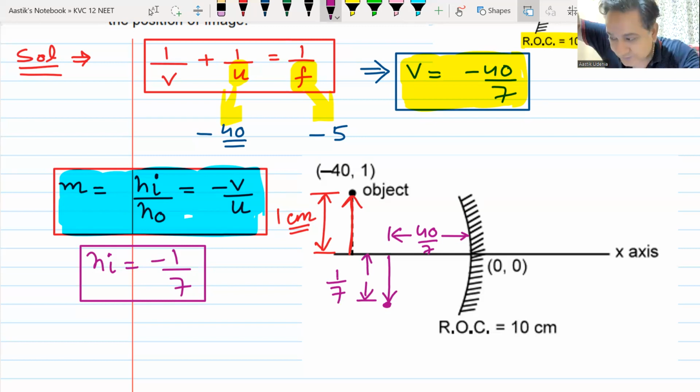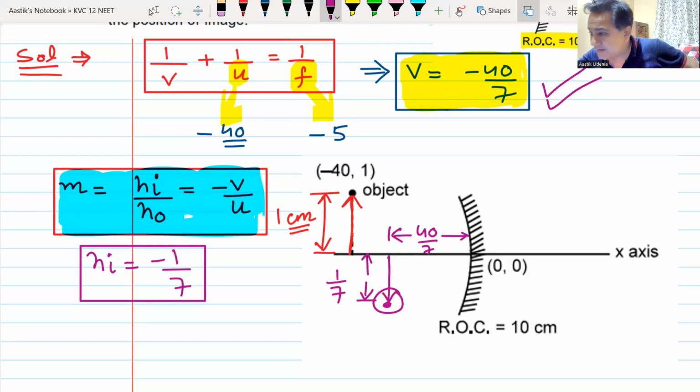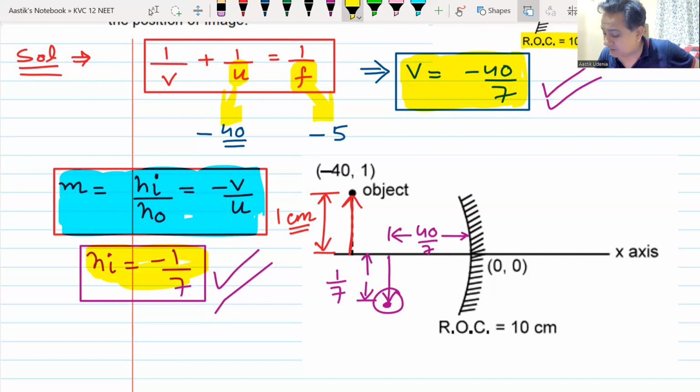Do we understand this, my dear friends? Yes, sir. So this is the point where the image is formed. The x coordinate is minus 40 by 7 and the y coordinate is minus 1 by 7. This is how this question has to be done, or any question if it ever comes in your NEET. Do we understand this?